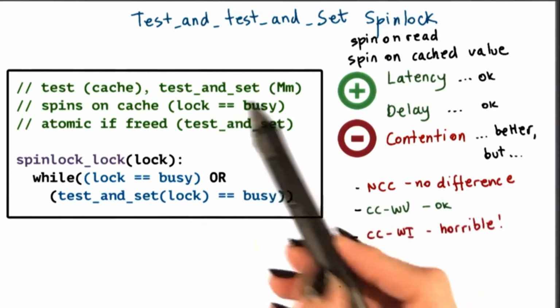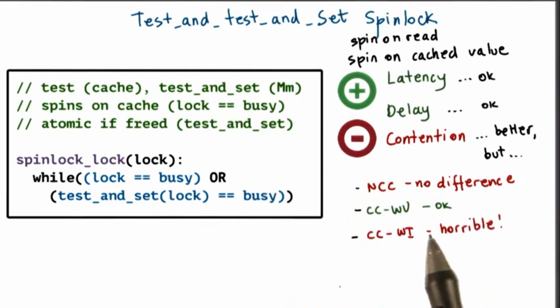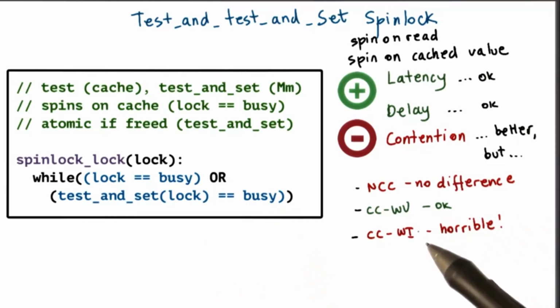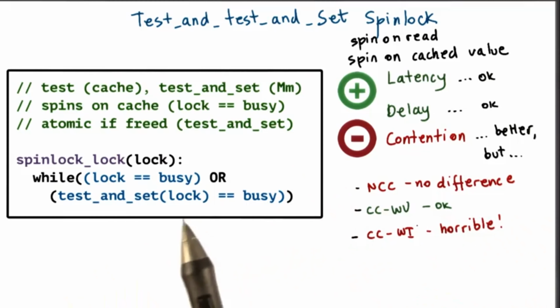Now, the worst situation of using this particular Spinlock implementation is when we have a write-invalidate based architecture. In this case, every single attempt to acquire the lock, not only will it generate contention for the memory module, but it will also create invalidation traffic. Now, when we talked about the atomics, we said that one outcome of executing an atomic instruction is that we will trigger the cache coherence, so the write-update or write-invalidate traffic, regardless of what the situation is.